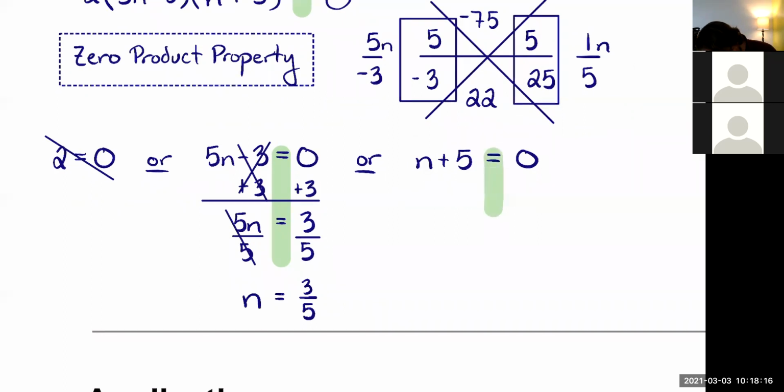Then I move on to the last one here. How did I solve this one? Subtract 5 from both sides.